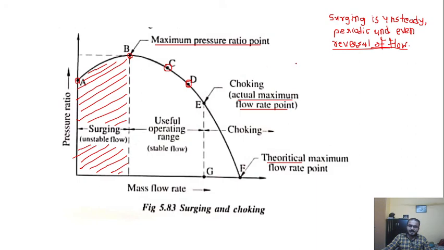And let us now discuss the other extreme. Let us go back again to point D, and we keep on increasing the mass flow rate.